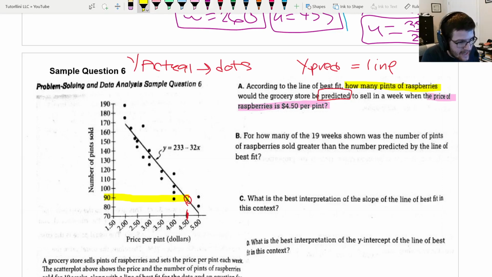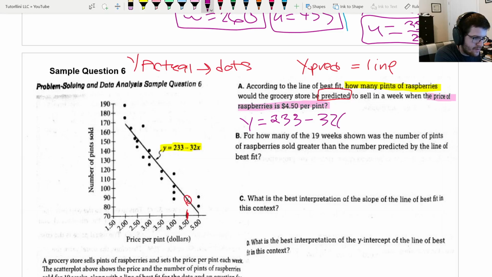But they want an exact answer. Ooh, here we go. They gave us an equation, so we don't really need to look at the graph. We can just plug in the x value, which is 4.5: 233 minus 32 times 4.5. And let's see what we get.